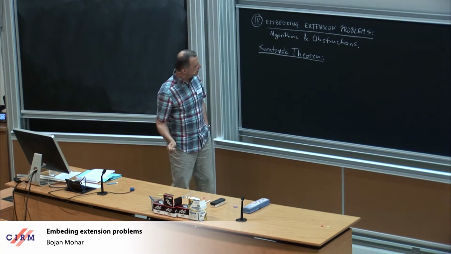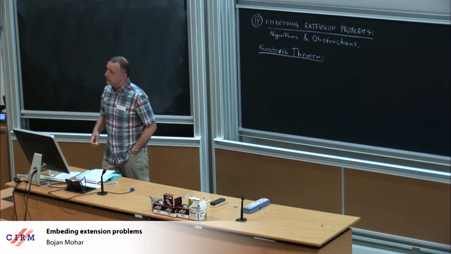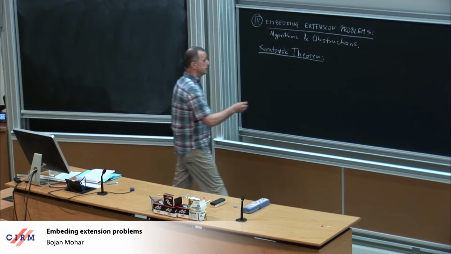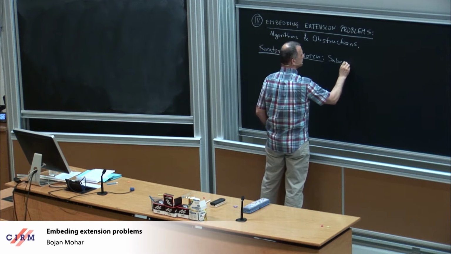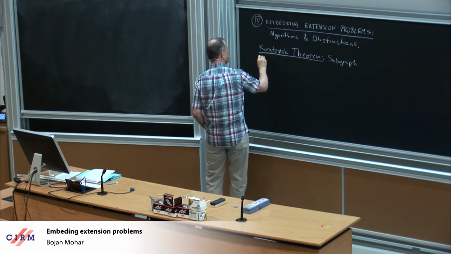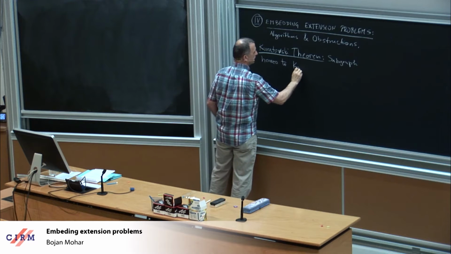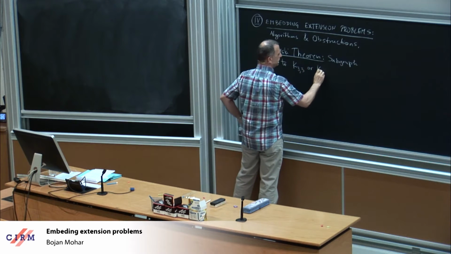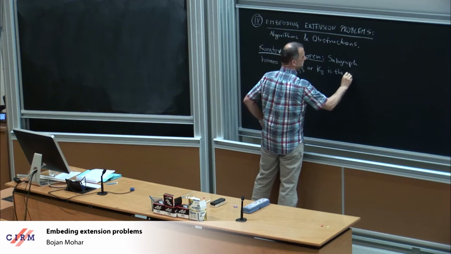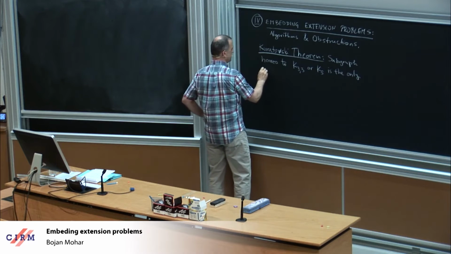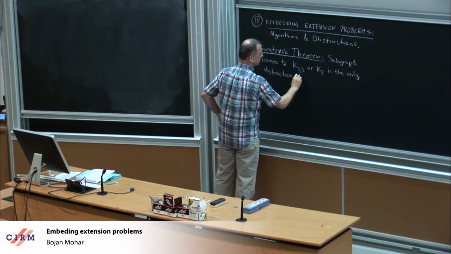So if a graph is not planar, then you can find a subdivision of K33 or K5 as a subgraph. A subgraph homeomorphic to K33 or K5 is the only obstruction to planarity.